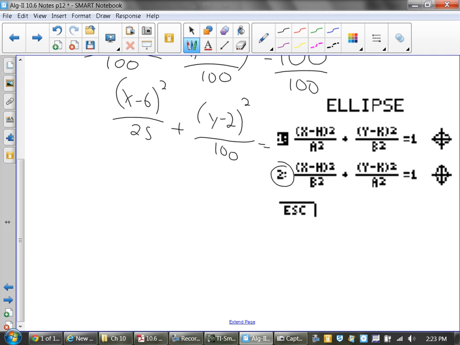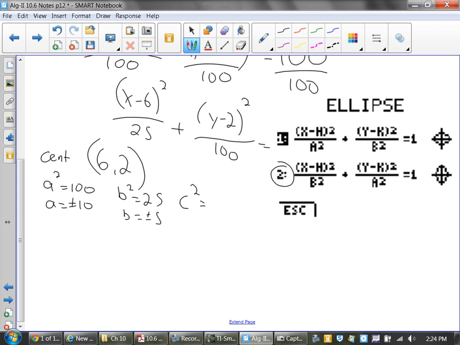Start filling in the blanks. We know that our center is going to be at 6, 2. My a squared is 100, so a is plus or minus 10. B squared is 25, so b is plus or minus 5. It's an ellipse. Is it a squared plus b squared or a squared minus b squared? Minus.